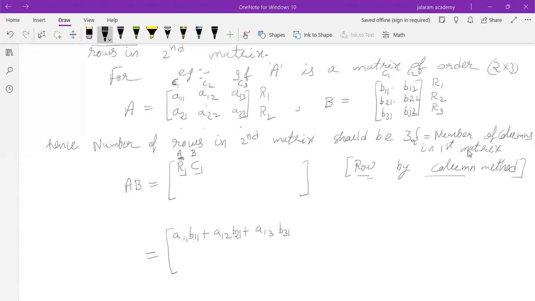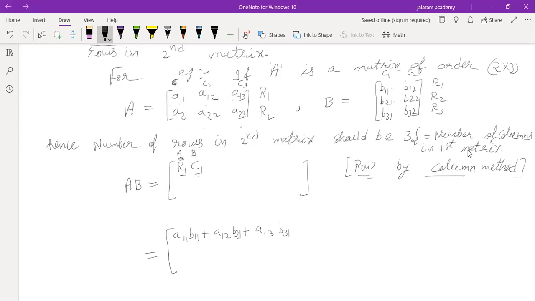So this will be the first element of the product, which is obtained by the product of corresponding elements of row 1 of first matrix with the corresponding elements of column 1 of second matrix. Corresponding element means first element of first row of first matrix, A11, is multiplied with first element of first column of second matrix, which is B11.